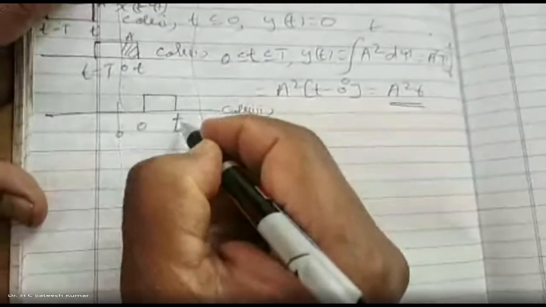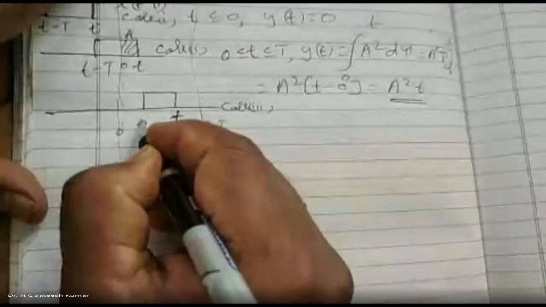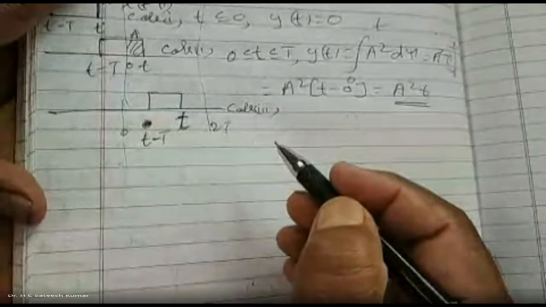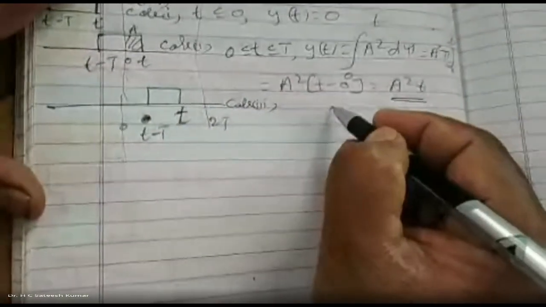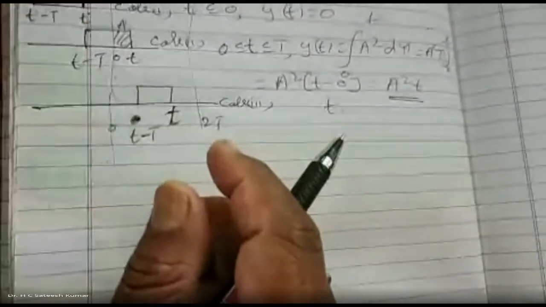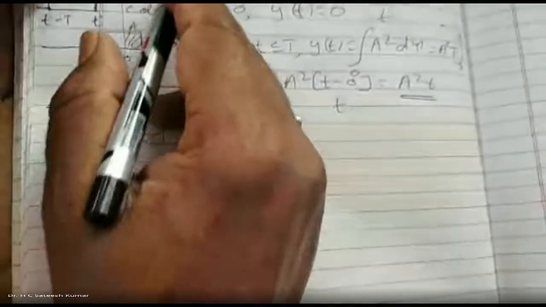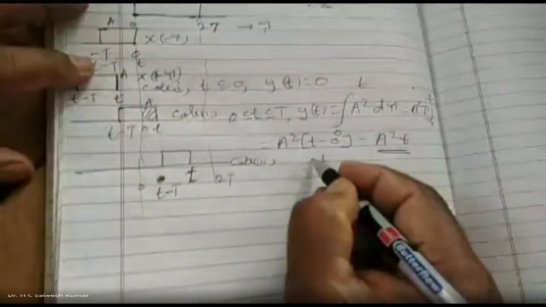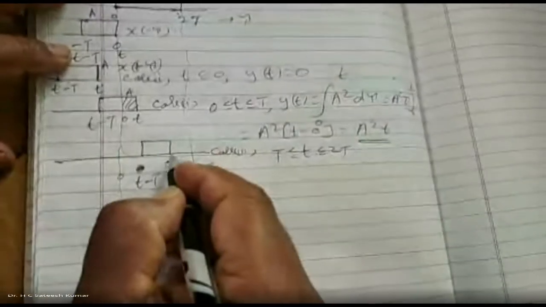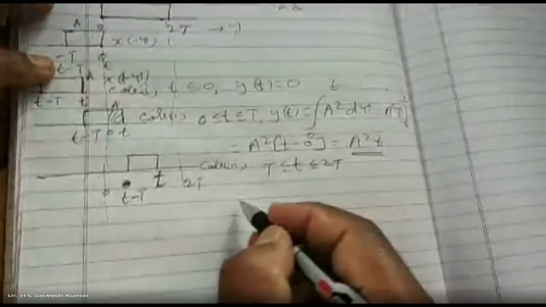Sorry, this is small t now, small t and this is t minus T. Small t lies between, already it has moved up to capital T. Now the right edge of the second signal is 2T. Until 2T its area is constant now. So t lies between capital T to 2T, because this edge is 2T. Until that point, the area goes on increasing.